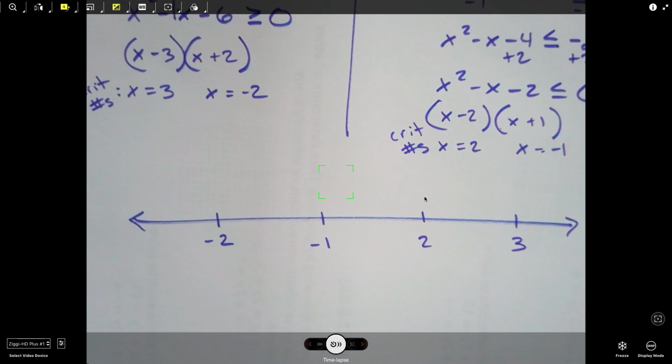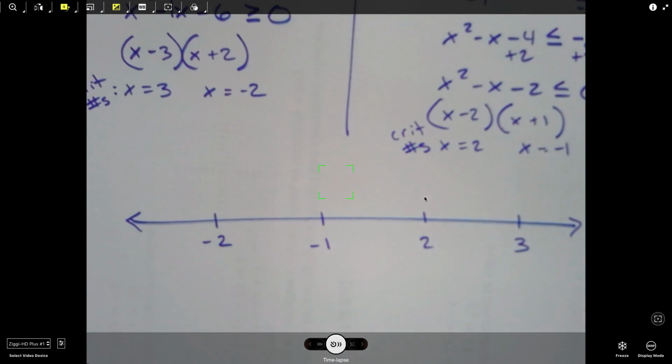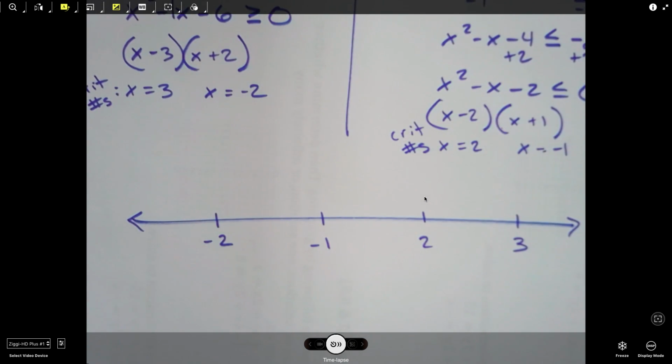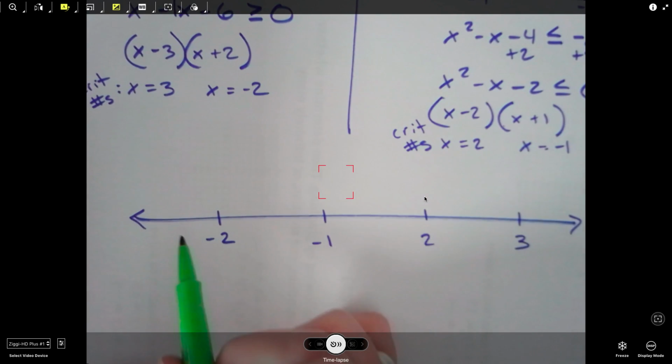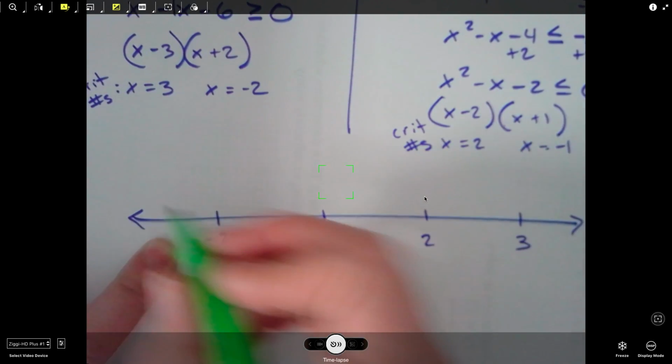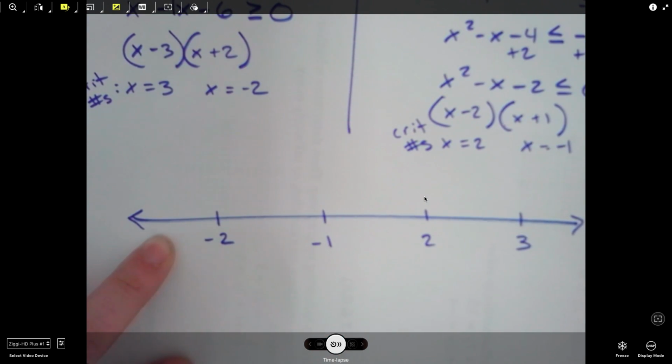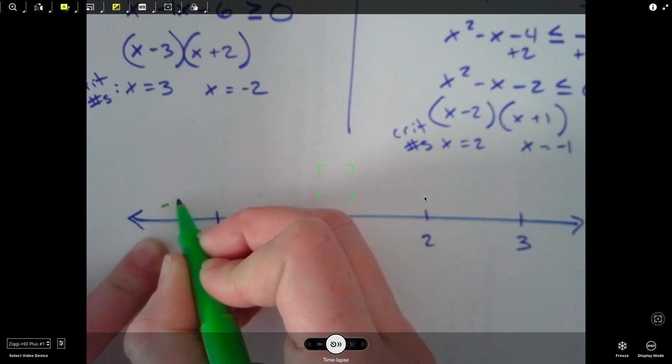Okay, and we're going to test. If you have 4 critical numbers, you have 5 regions basically to test. A number to the left of negative 2 that you want to test: negative 4, sure.